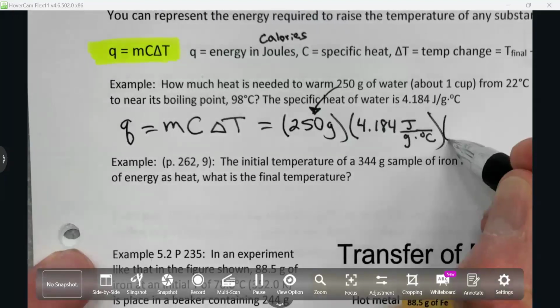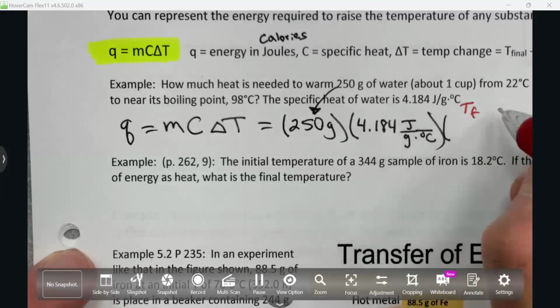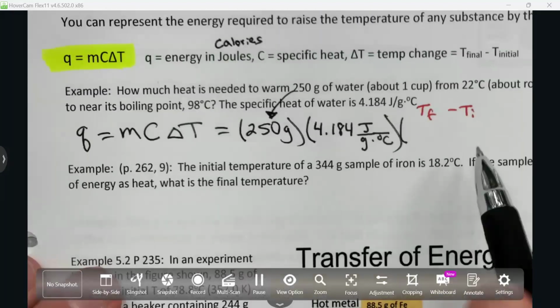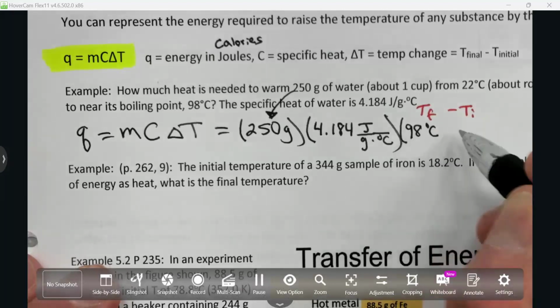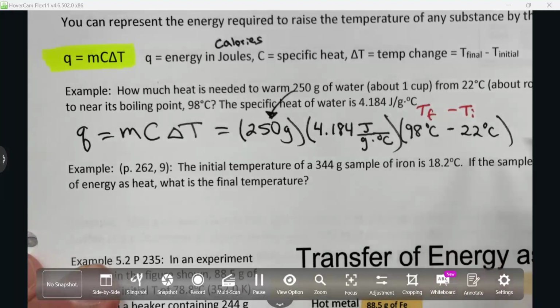My temperature change, I'll put it in as T final minus T initial. So we want this to end up at 98 degrees, minus 22 degrees.